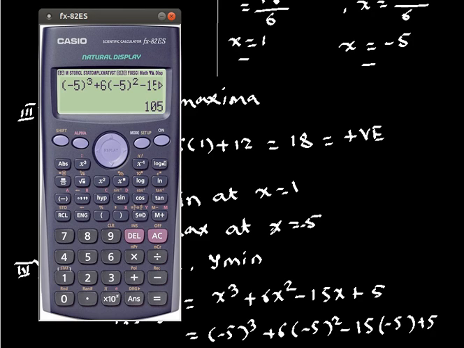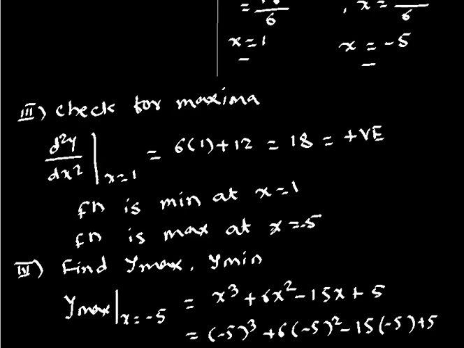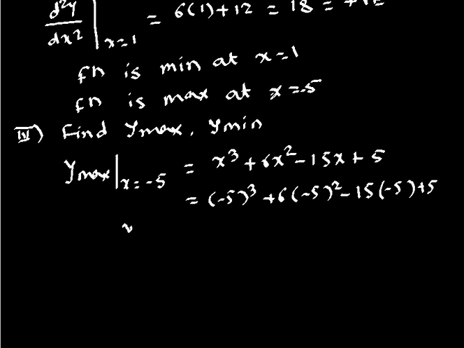This all comes out to be 105. So the value of y max, the maximum value of function y max, is 105. This is the maxima we have been asked to find.